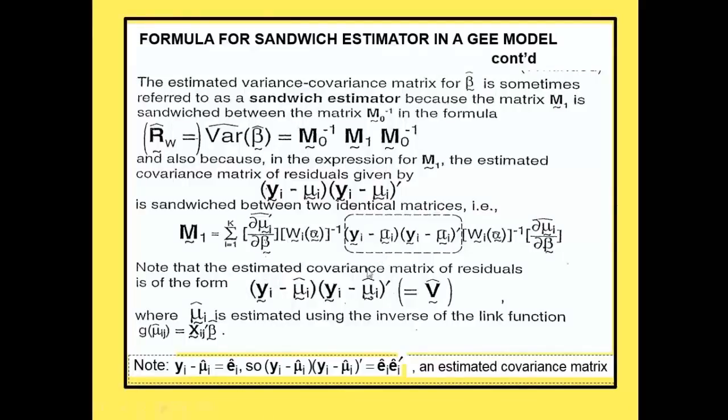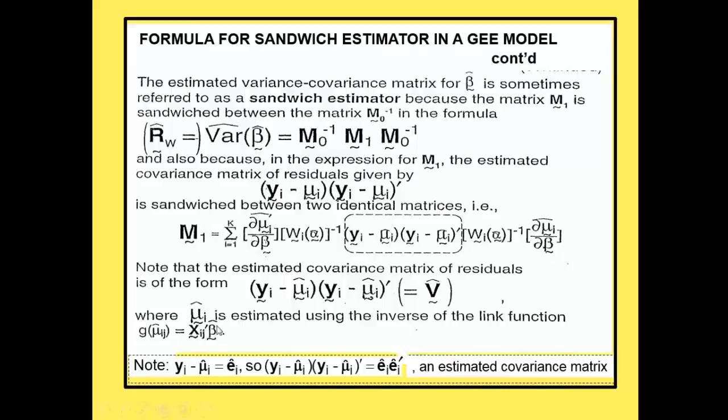But you notice this calculation doesn't involve W sub i. It doesn't involve the working correlation structure. It's a way of getting an estimate of variance and covariance without putting the working correlation structure in the formula.